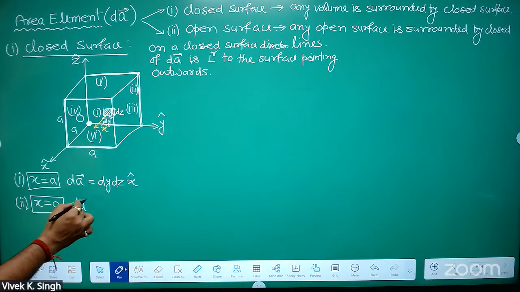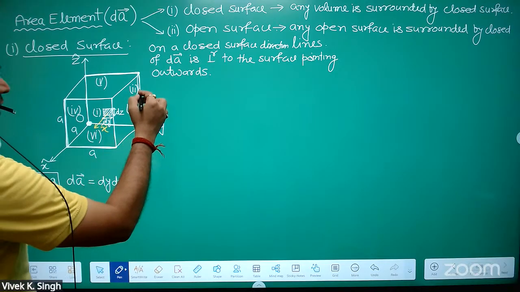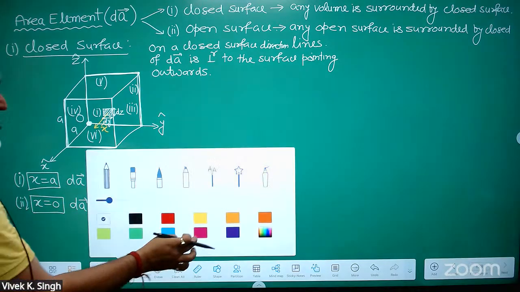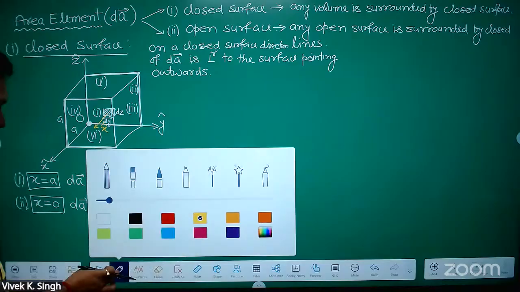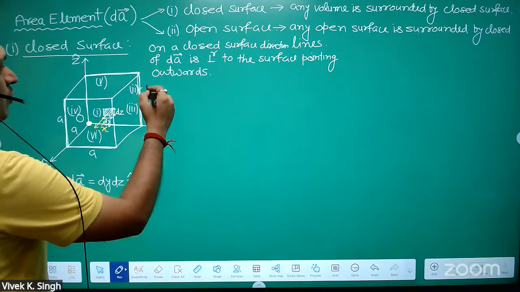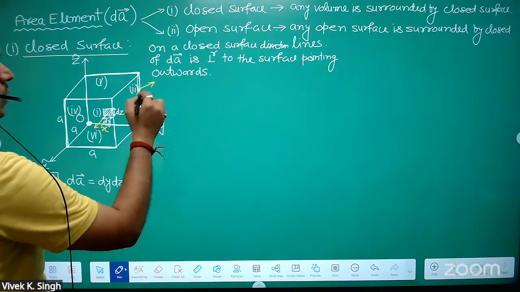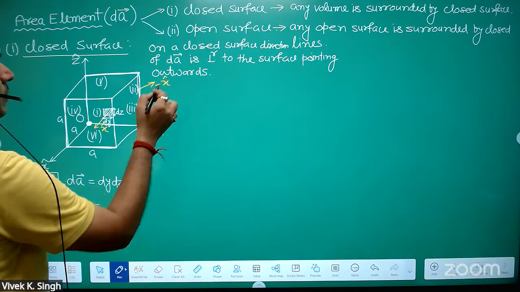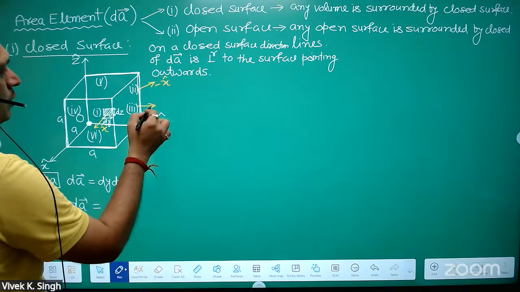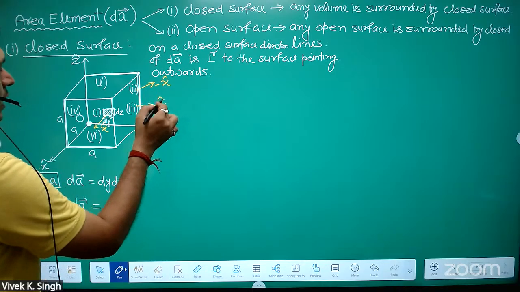And then on this surface, let us first show the direction on each surface. On surface 2, perpendicular to the surface pointing outward, this direction is minus x cap. On surface 3, perpendicular to the surface pointing outward, this is y cap.